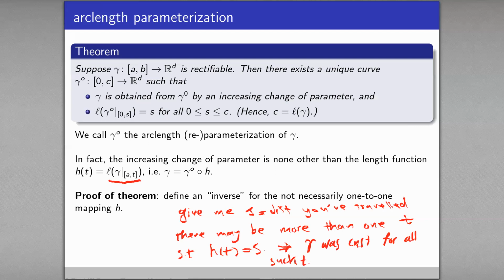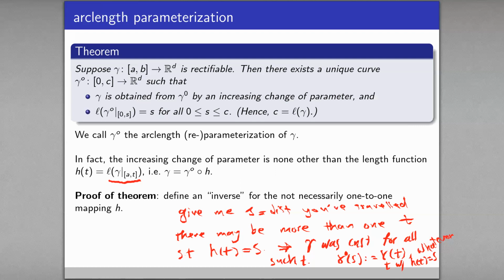Then what you do is define gamma 0 of this s to be gamma of that t, whatever t you pick with h of t equal to s.